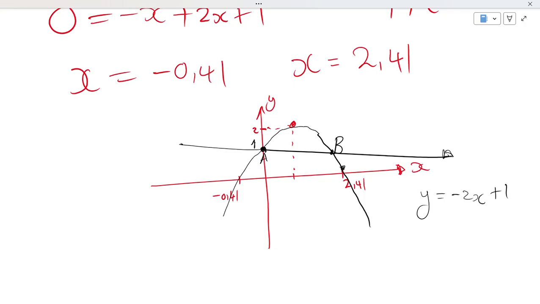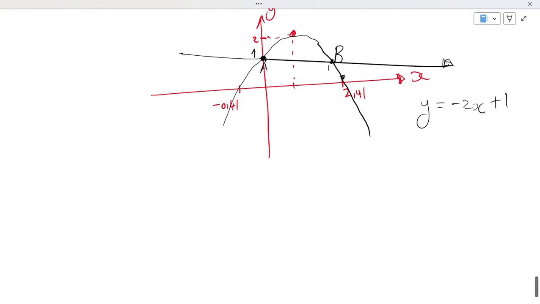How do we find it? What points are we given? It's a straight line. So we have the equation of the straight line there. They gave us that. And then they say we want A and B.